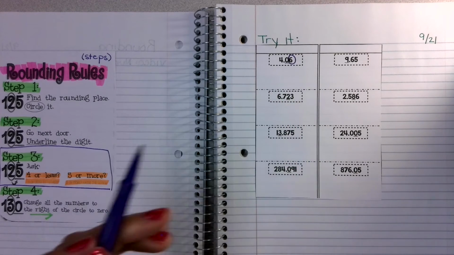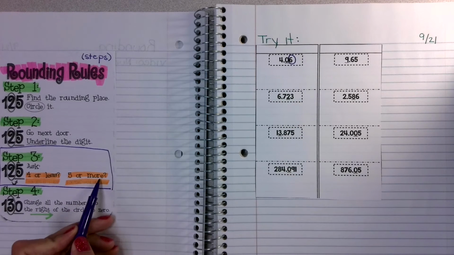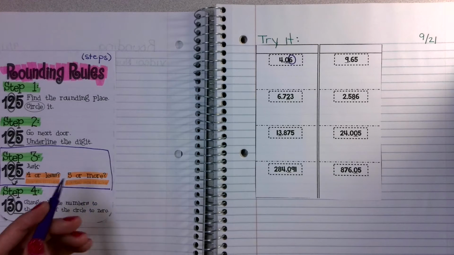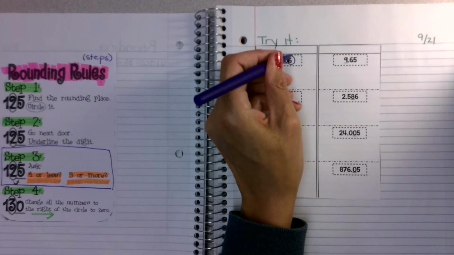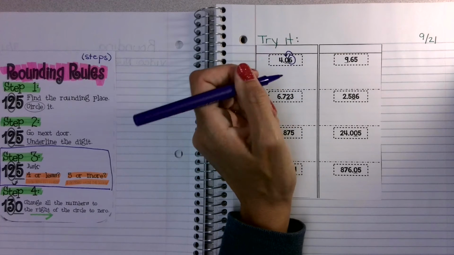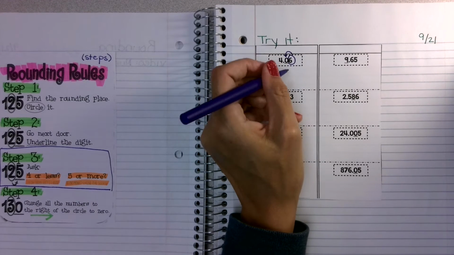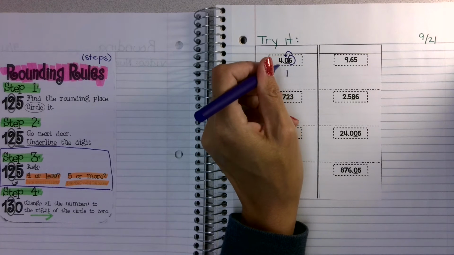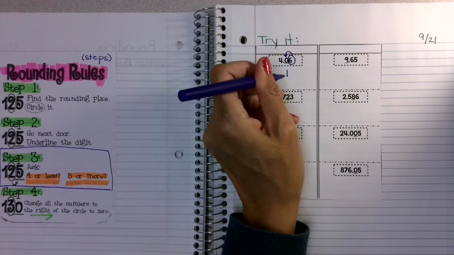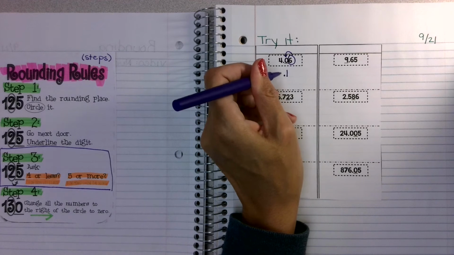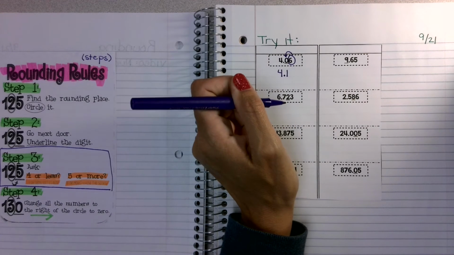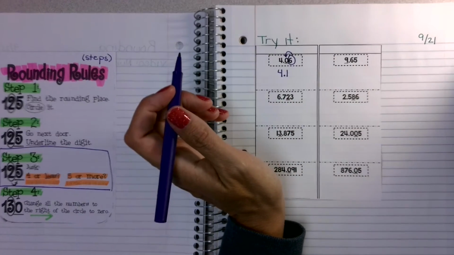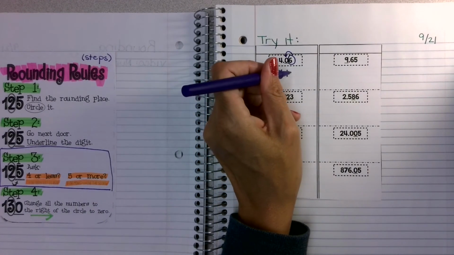So 6, is it 4 or less or 5 or more? It's 5 or more. So it says to raise the score. So you're going to add 1 to this side. So 0 plus 1 is what? 1. All the digits to the left, you're going to just bring down. All the digits to the right, you're going to turn to zeros.